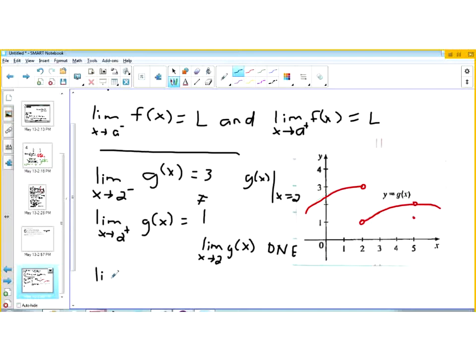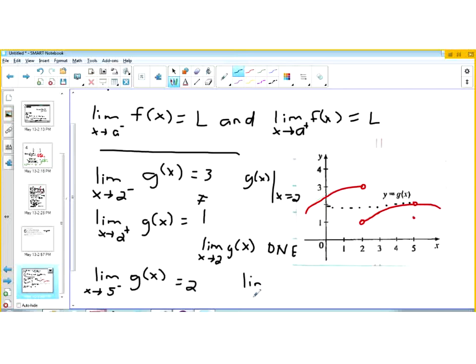The question I'm asking now is, what is the limit as x approaches 5 from the left of g of x? So we'll read it from the graph. As we approach 5 from numbers less than 5, the output appears to be going to 2. So let's just say it's 2, just reading from the graph.